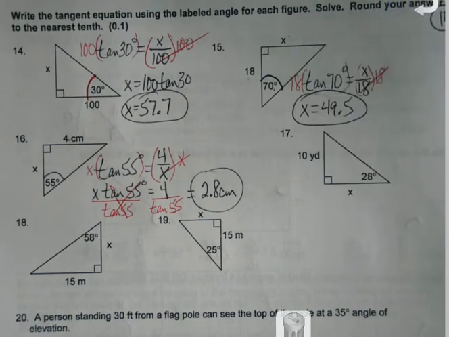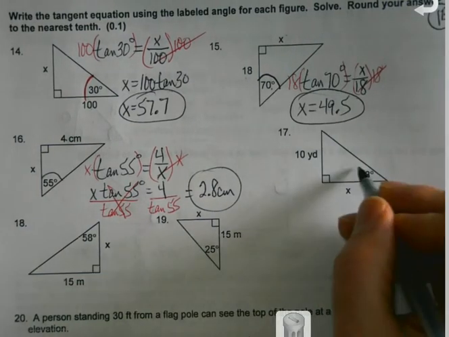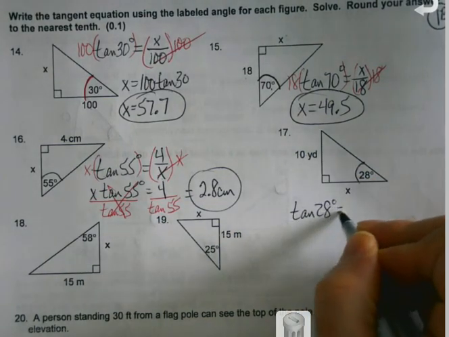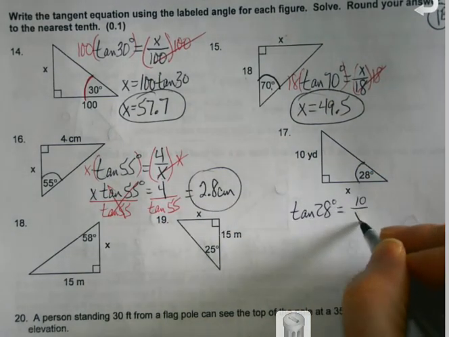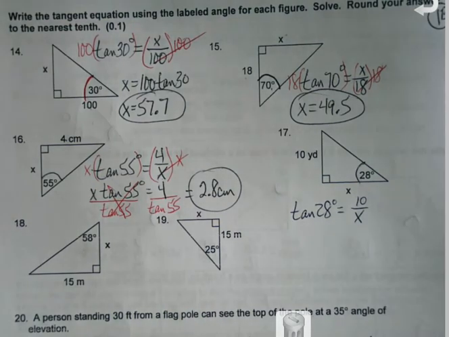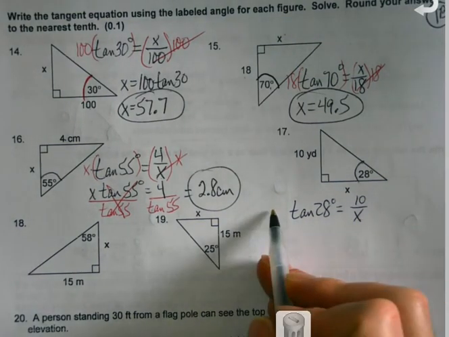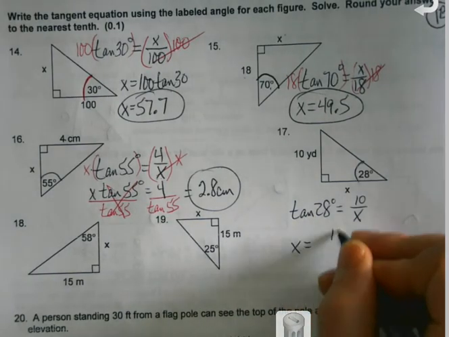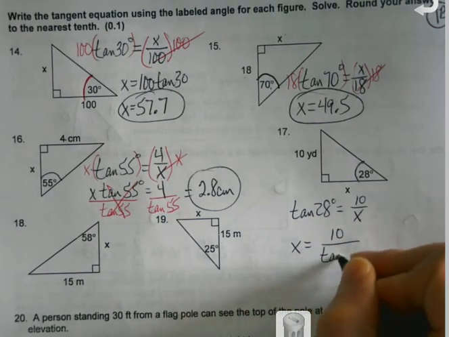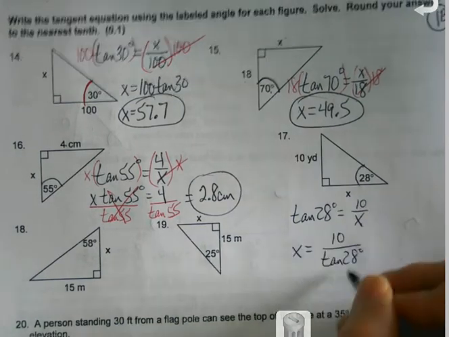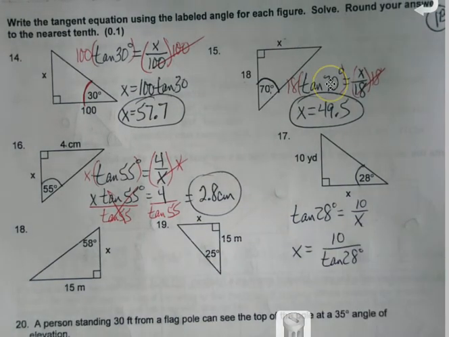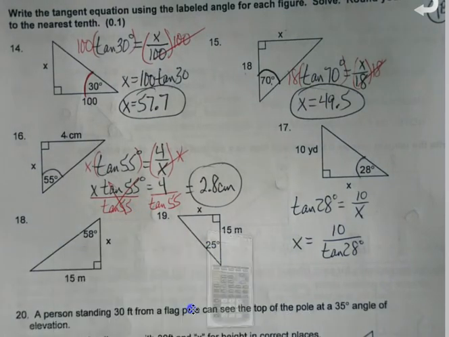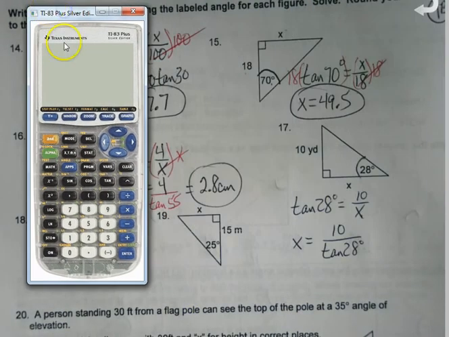So just so we can see that one more time, 17. I've got opposite adjacent, so I know it's tangent. Opposite over adjacent. I can see that if I multiply both sides by x, I'm going to have to divide by this to come back. So if I start to notice that pattern, I've got x in the denominator, I'm just going to divide by this. That's fine. If you're feeling more comfortable working it out like this, where you can visually see and feel more comfortable with the steps you're taking, I'm good with that too.